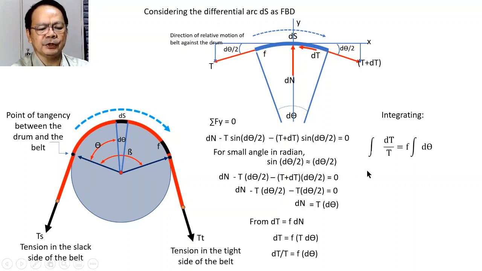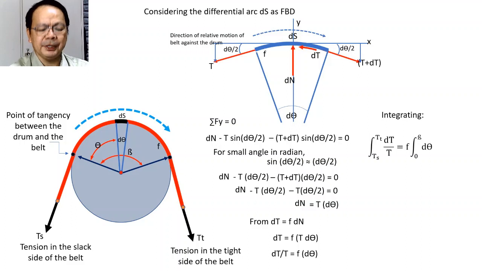Therefore, our limits of integration shall be the integral of dT over T evaluated from T sub s to T sub t, whereas the limits of integration of d theta shall be from 0 to beta.